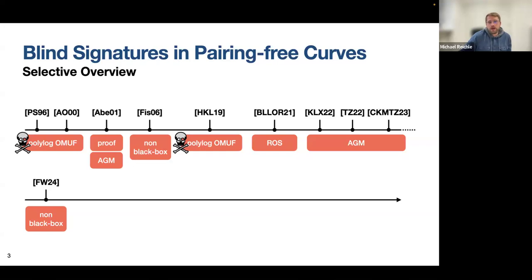I highlighted a few things in red here on the slides, and one big open question in the field was: can you remove these caveats, and can you prove, in the pairing-free setting, that you can build blind signatures that are secure in the random oracle model from standard assumptions?